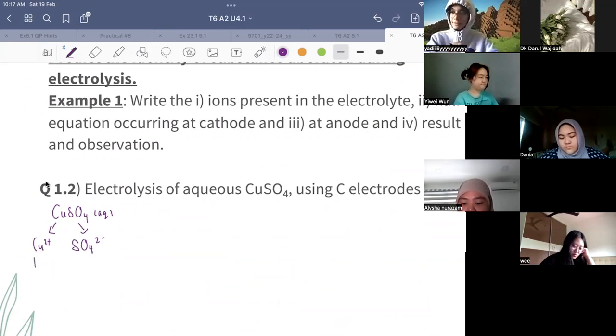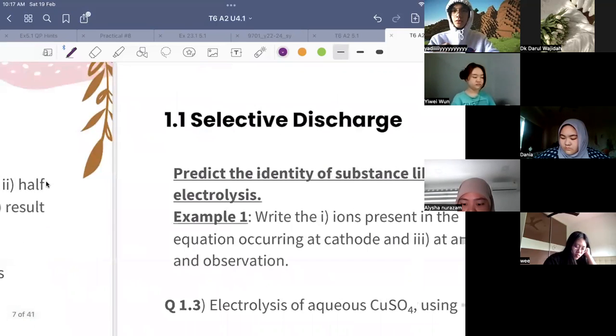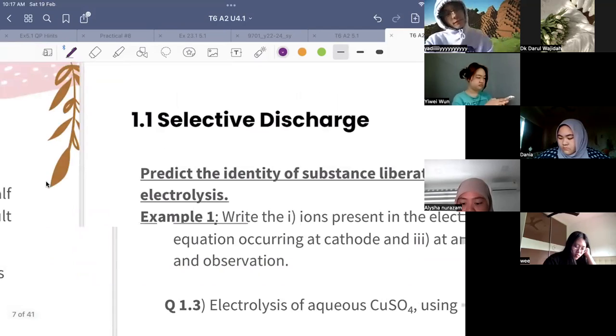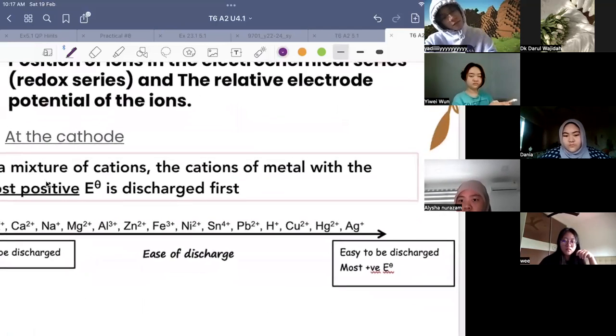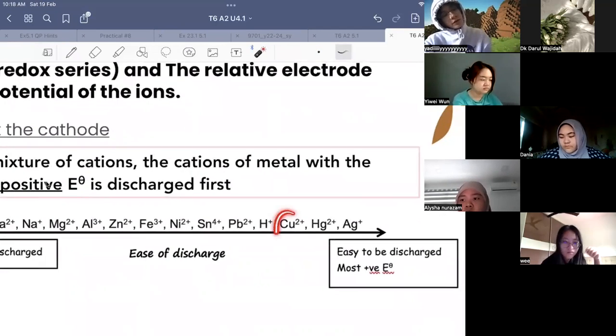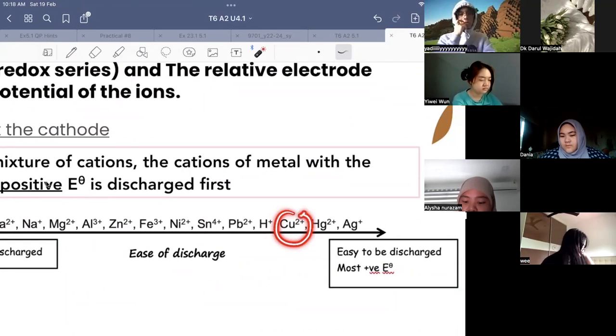You also have H+ ions and OH- ions from water. Between hydrogen and copper, copper will be discharged.